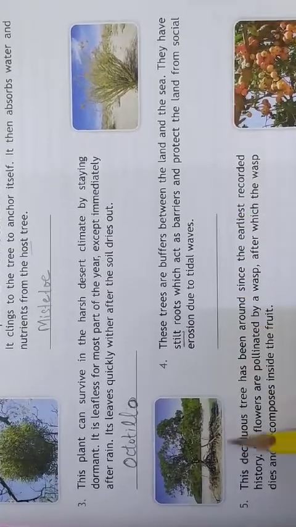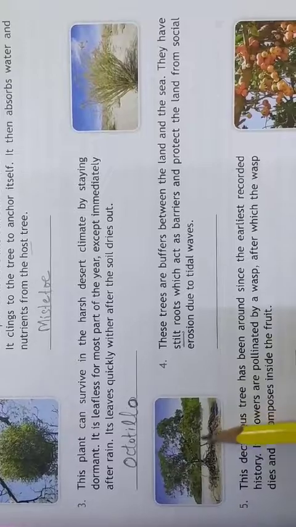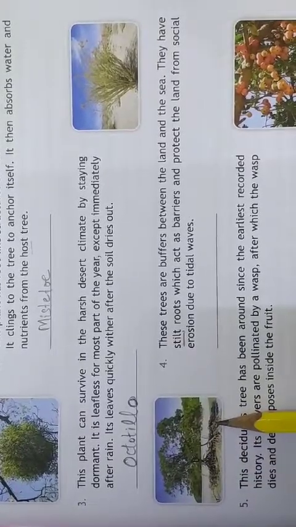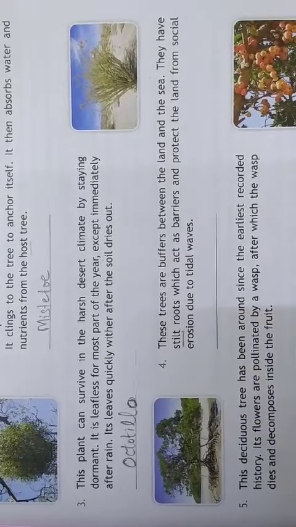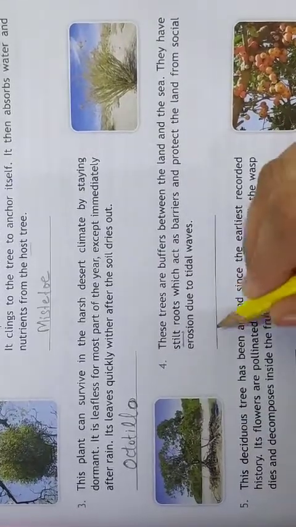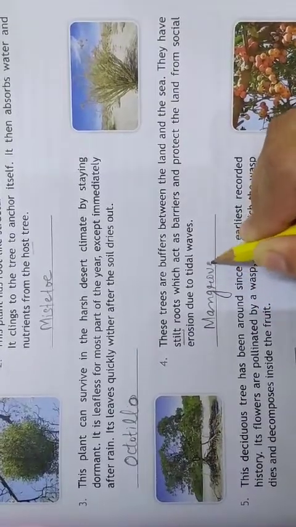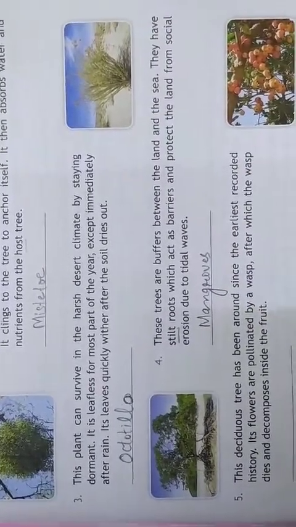So these roots, you can see in this picture, they grow and cover a large area, and they help the soil from eroding, from being washed away. And the name of this tree is mangroves. The areas where they grow are called mangroves.